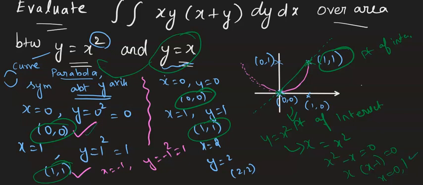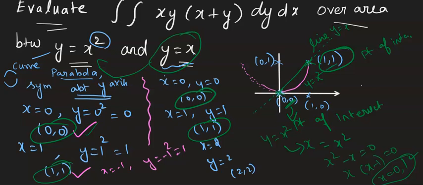If x is 1, then y is also 1. So at x equals 0 and at x equals 1, the line y equals x and the curve y equals x square meet. This is how you have to draw the diagram and mark the points of intersection, which are 0 comma 0 and 1 comma 1.